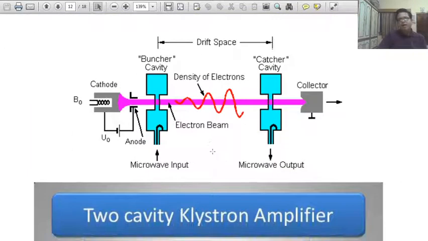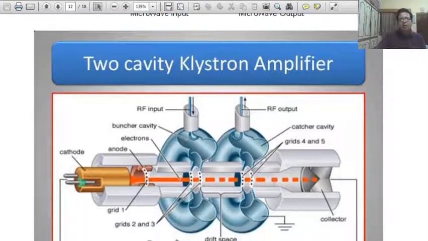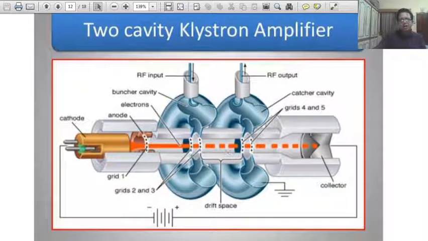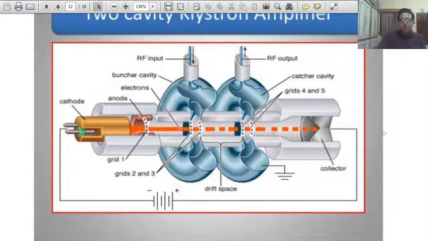Okay. Again, a construction of two cavity klystron is shown: cathode, buncher cavity, catcher cavity, drift space, microwave input, anode, cathode, anode, collector. Okay, this is a two cavity klystron amplifier. A very good diagram.